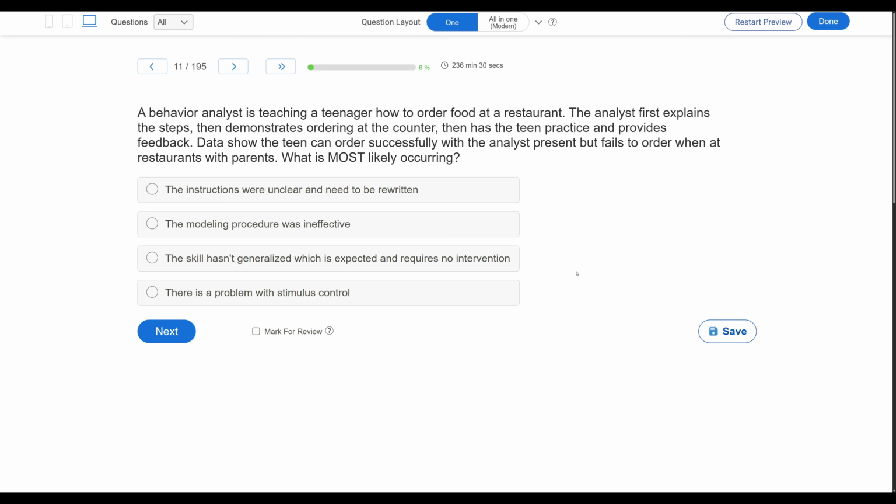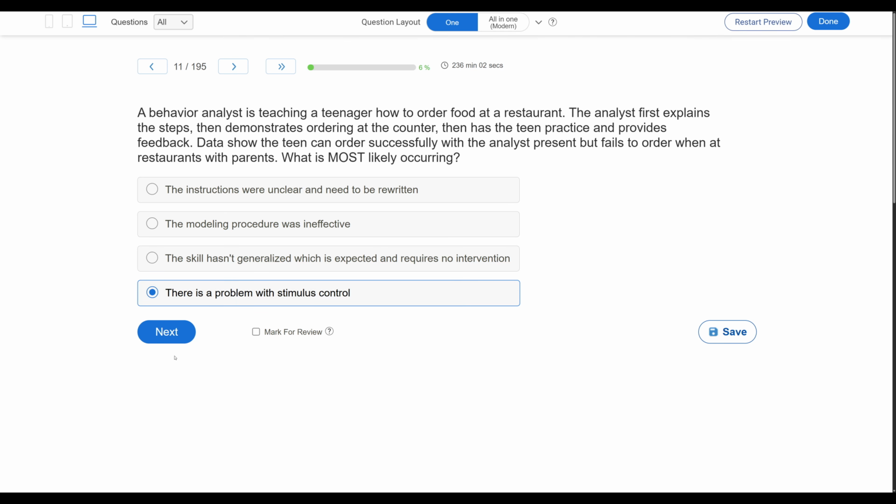Do we ever just hope for generalization? No, we have to plan for generalization, and we need to intervene and work on generalization. So it leaves us with D, there is a problem with stimulus control. And yes, the behavior is only happening in the presence of the analyst. We need the stimulus control to loosen a bit, so it will also happen with the parents. With all that said, what is most likely occurring?